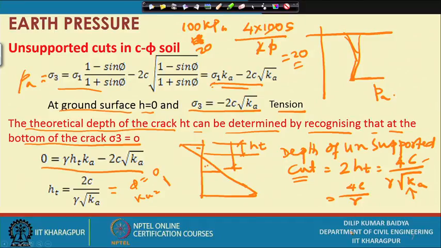So 4C by gamma, and taking 100 as the cohesion value, we can see that at a site where purely cohesive soil is present with a C value of 100, we can have an excavation up to 20 meter without any support.